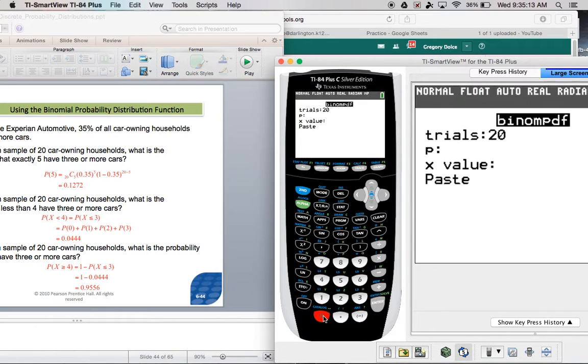Now you can't have more successes than trials, so that should be your largest number. P, the percentage of success, 35%. And I'm using this module over here.